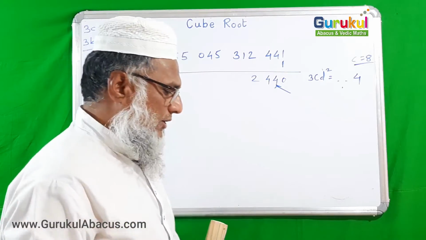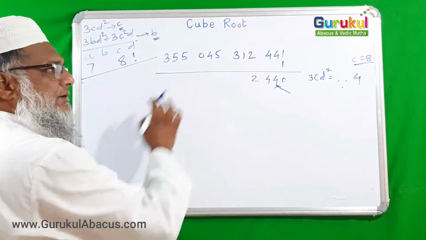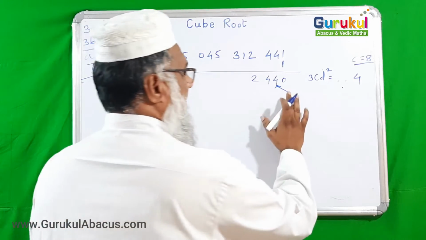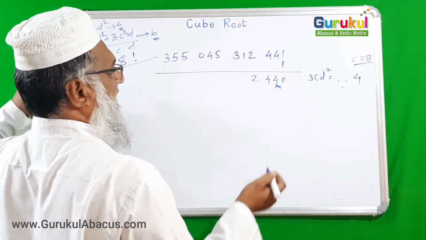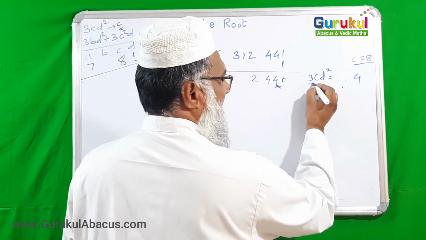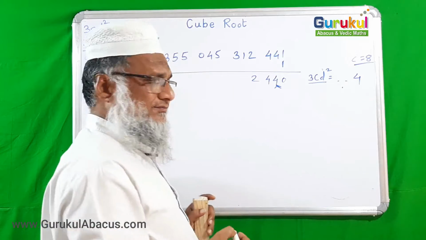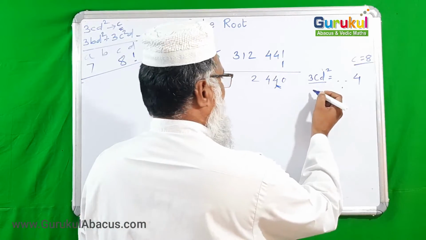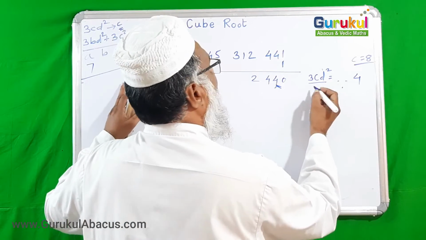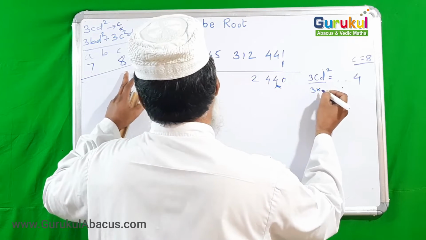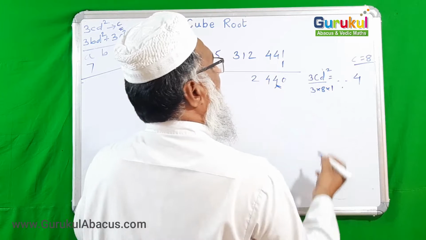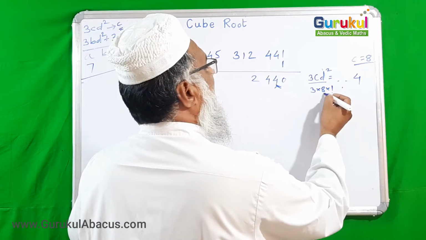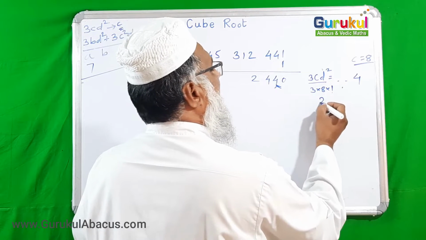Now we are searching for B. So what did we do for finding B? Firstly we have to find the value of 3CD square. So here we know 3 into C, we know C is 8 and D square is 1. So together it is 1 into 8, 8, 8 3s are 24.